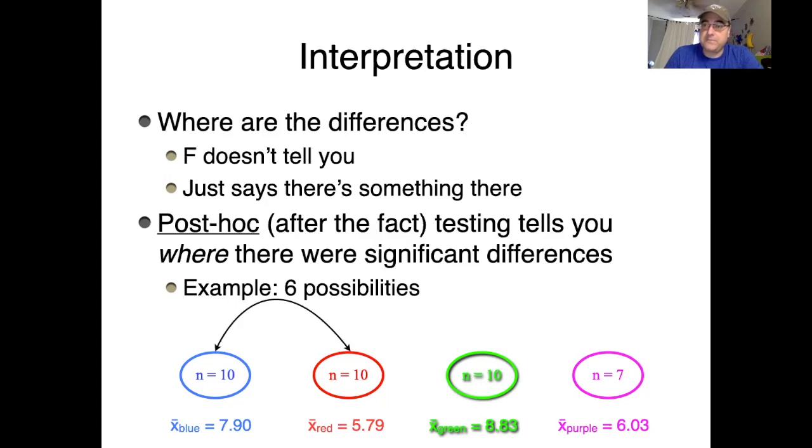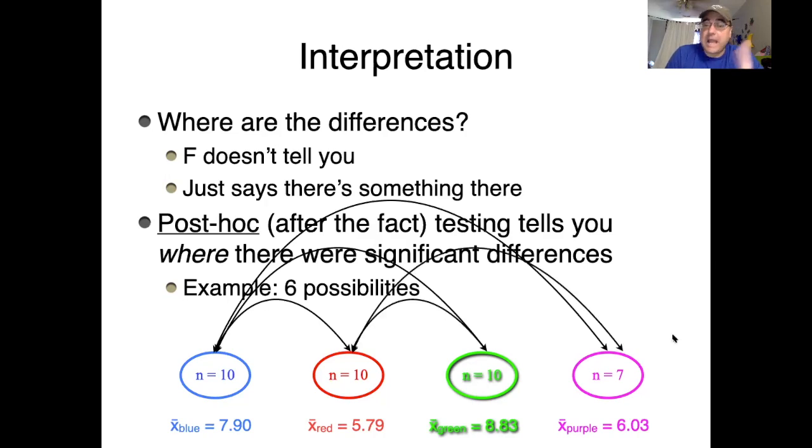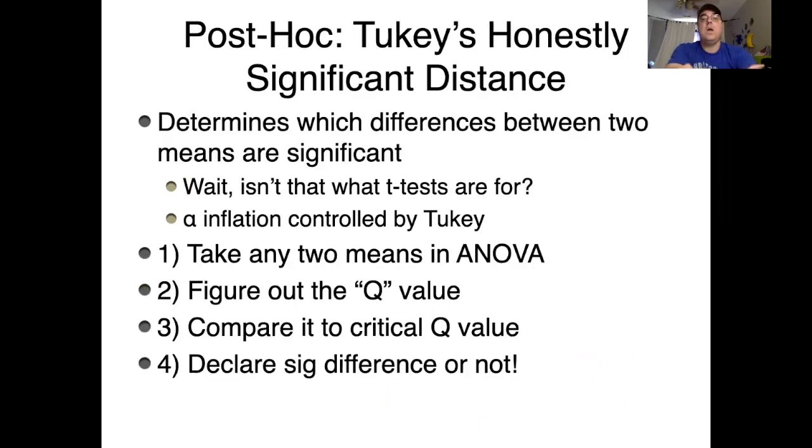Between blue and red, between blue and green, between blue and purple, between red and green, between red and purple, and between green and purple. 6 different possibilities. So what we want to do is probe each one of those 6 different possibilities with a test that says whether the difference between those 2 means on its own stands as a statistically significant difference.